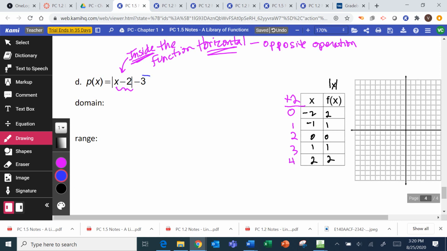Now, the -3 is outside of the function. And anything outside is going to be an output, a y value, a vertical value. Those don't change the signs, so we just use subtract 3.